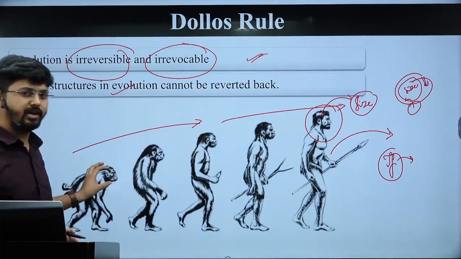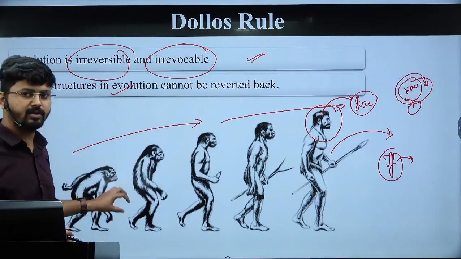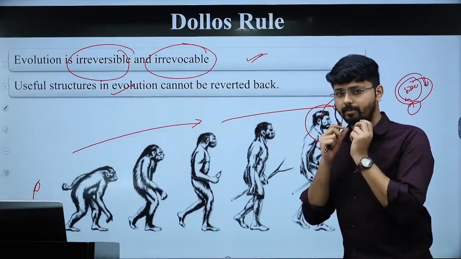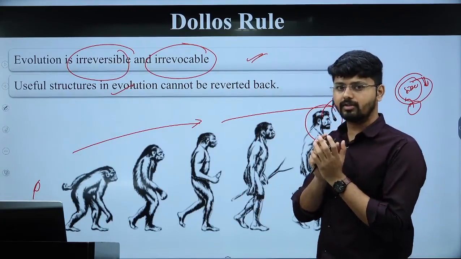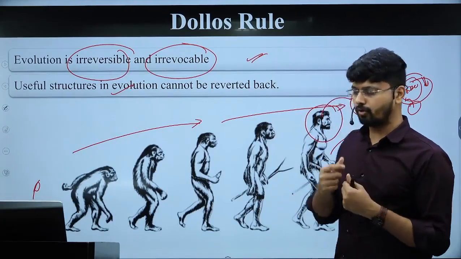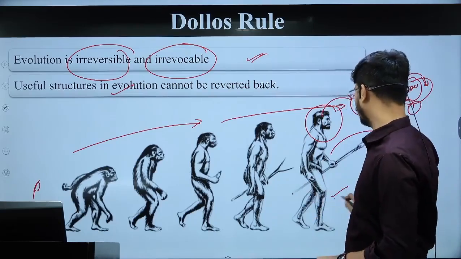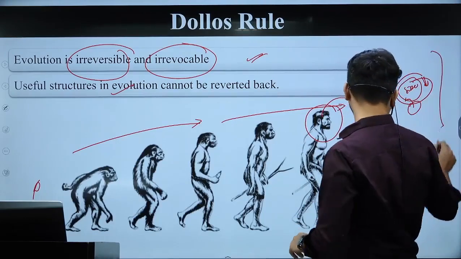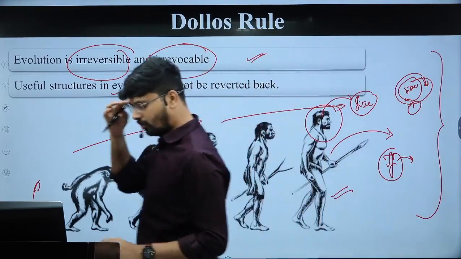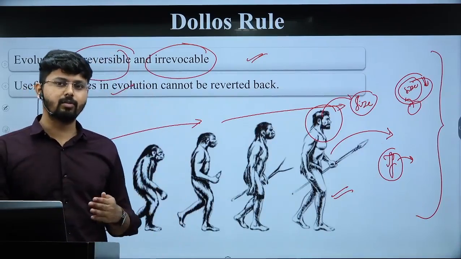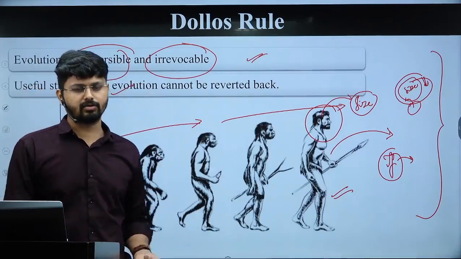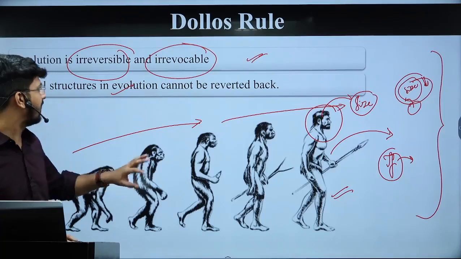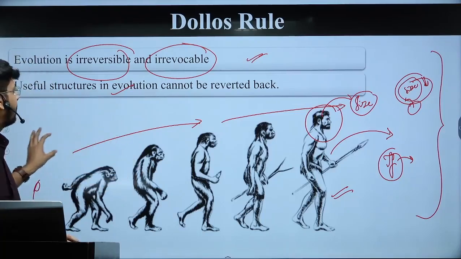For example, prognathism was present, with large jaws, and at the same time a flat nose, and now it is different. So this theory talks about the irreversibility and irrevocability of the features developed across evolution; in the process of evolution, features can't be reversed or reverted.